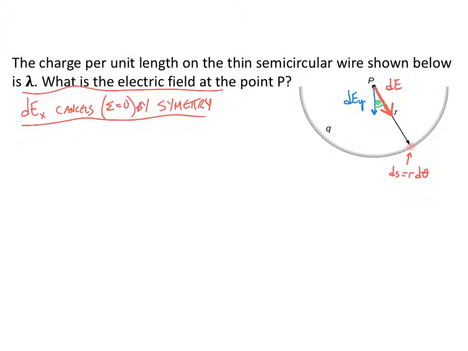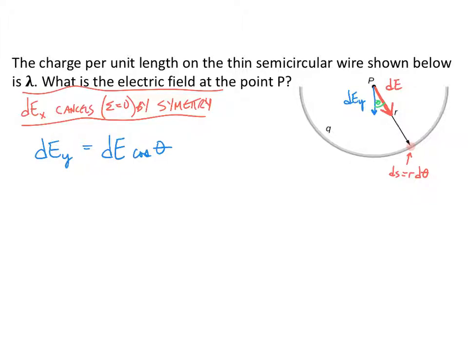So let's remember, electric field is going to, well, let's do this. The differential in the y direction, okay, is going to be the differential of the electric field, and it's going to be times cosine theta. All right? Why is that?